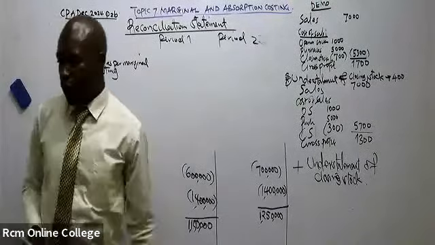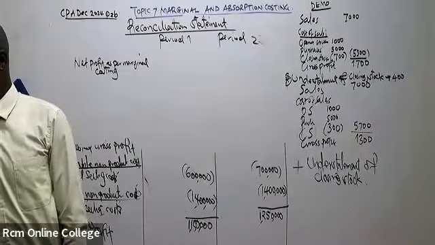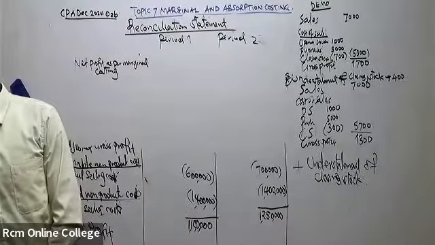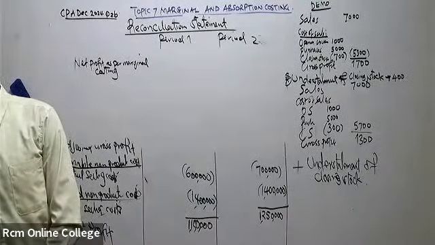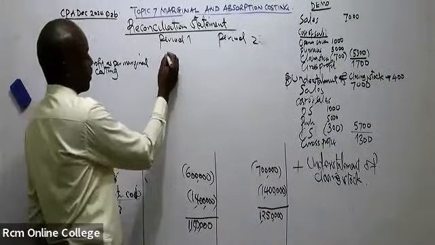Can you give me net profit for period 1? As per marginal costing, what was our net profit for period 1? 700,000.